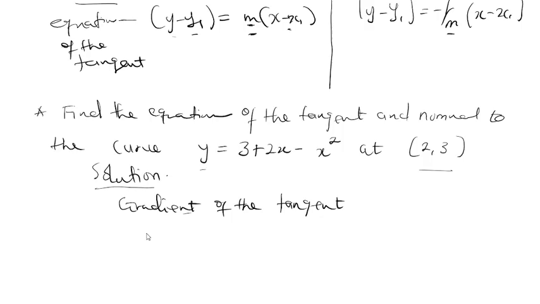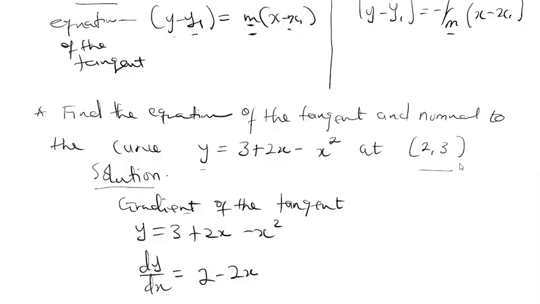So let's see. When we are to differentiate this, we have y equals 3 plus 2x minus x squared. So differentiating with respect to x, this is going to give us 2 minus 2x. Now at the point (2, 3), what is the x coordinate? It is 2. Then we can substitute that into it.